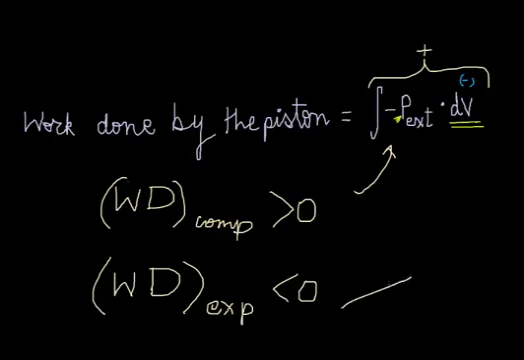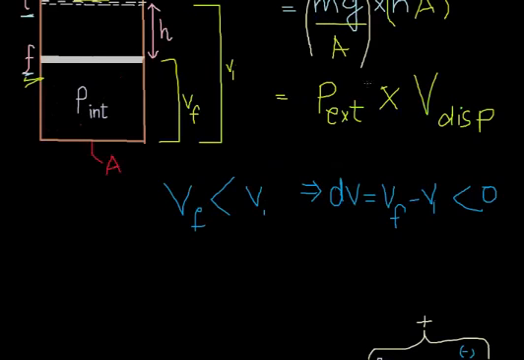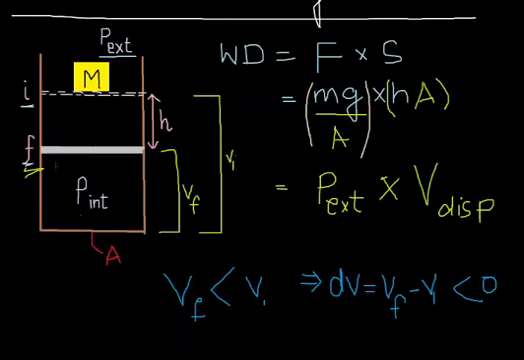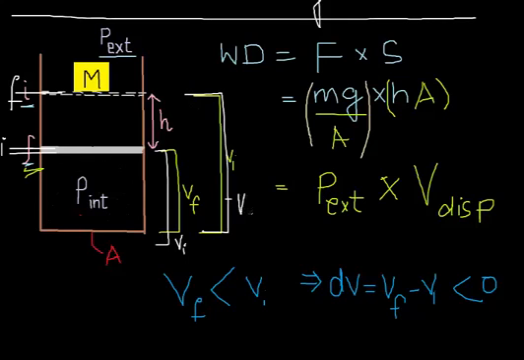Now how does this happen? We'll go back to the piston cylinder assembly. Here again, if the case was of expansion, then initially the piston must be over here. This should be the initial position, and finally it should reach over here. So this would be the initial volume of the piston, and this whole thing would be the final volume of the piston.